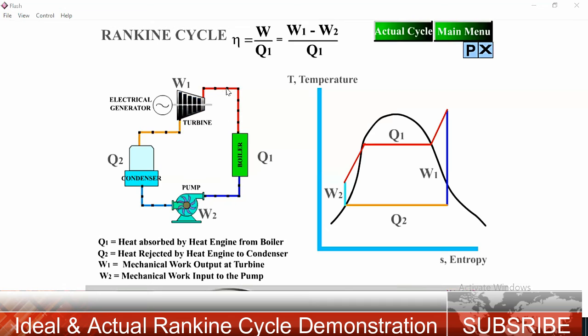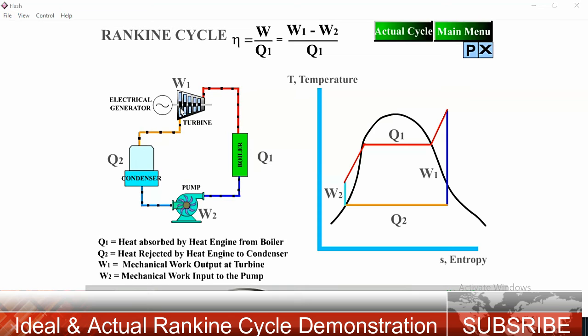If we consider the mathematical equations, the Rankine cycle efficiency is W over Q1. W is the total work done and Q1 is the heat absorbed by the heat engine from the boiler. So W1 is the work done of the turbine, the mechanical output at the turbine, minus W2, the mechanical work input to the pump.